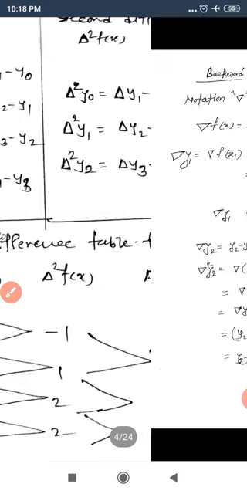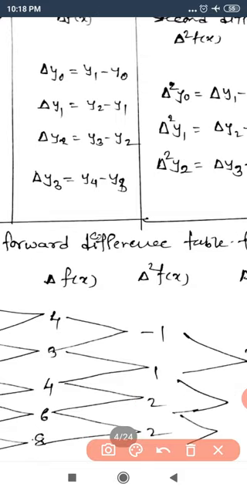Now the next difference, the second difference. How to calculate the second difference? 3 minus 4 is minus 1. Then 4 minus 3 is 1. 6 minus 4 is 2. 8 minus 6 is 2. That is the second difference.